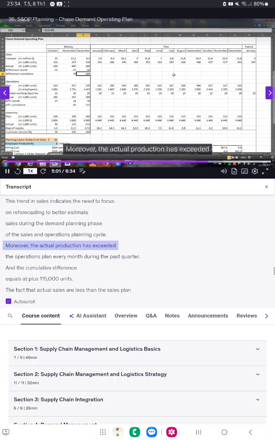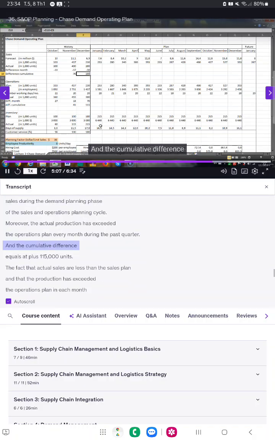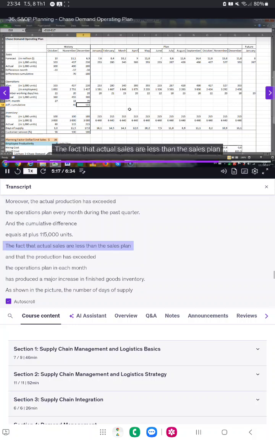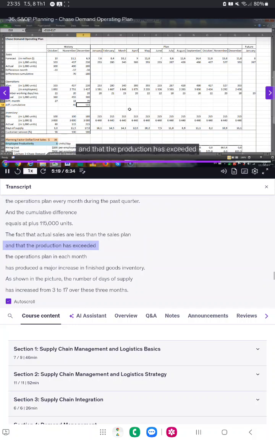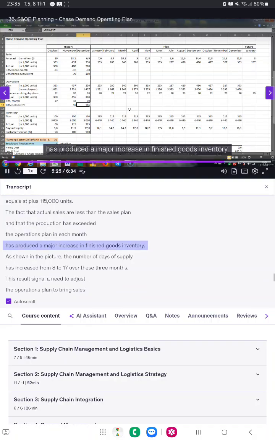Moreover, the actual production has exceeded the operations plan every month during the past quarter, and the cumulative difference equals plus 115,000 units. The fact that actual sales are less than the sales plan and that the production has exceeded the operations plan in each month has produced a major increase in finished goods inventory.